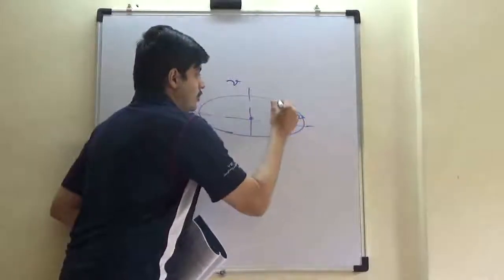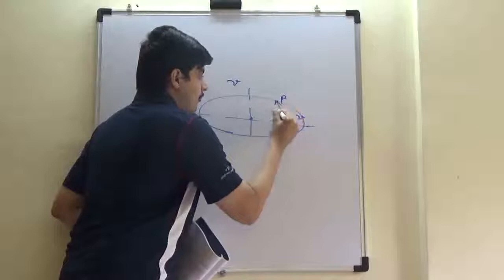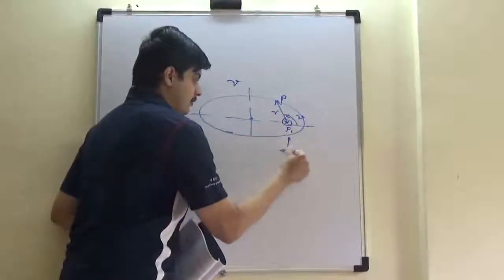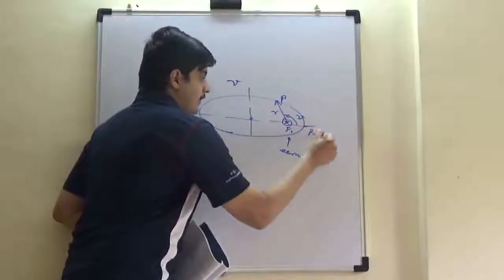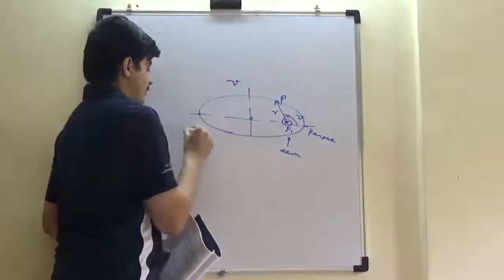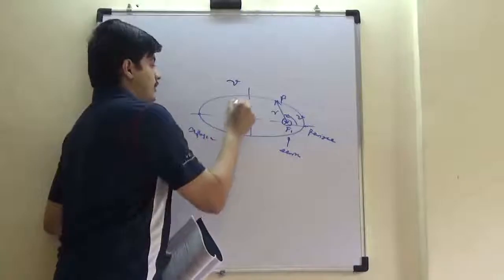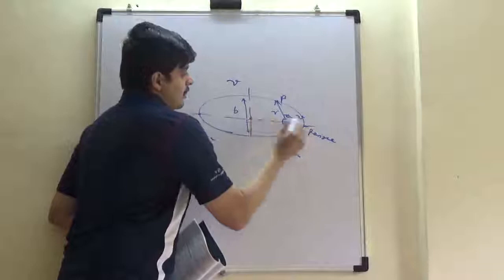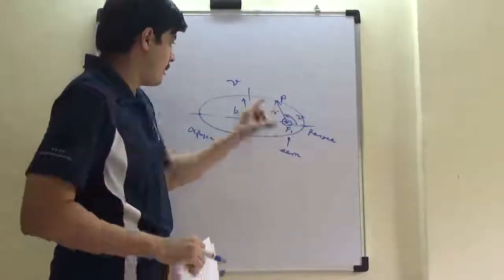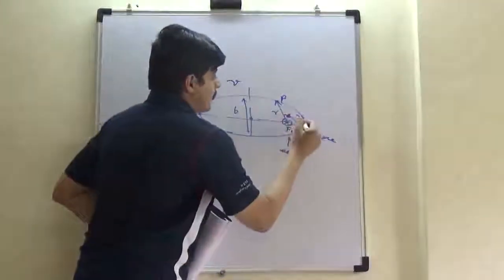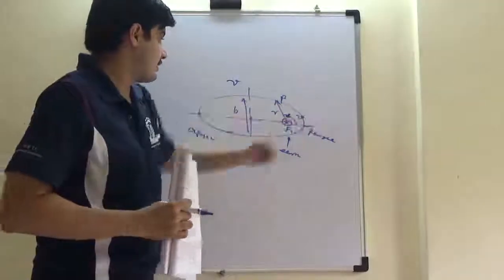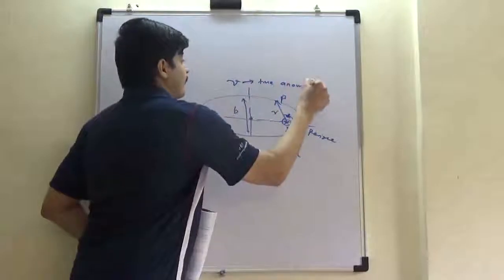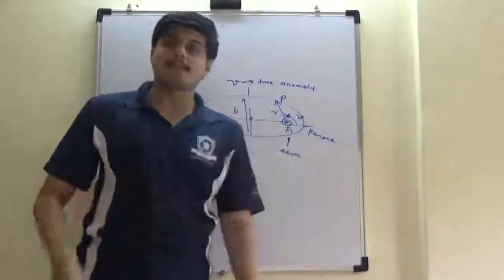So at any point P of distance r measured from this focus F1, which is Earth, this is my perigee, this is apogee, right? This is the semi-minor axis. This distance r measured from the focal point to P forms an angle mu with respect to the semi-major axis. This is called true anomaly. Okay, and then we will see something called mean anomaly also.